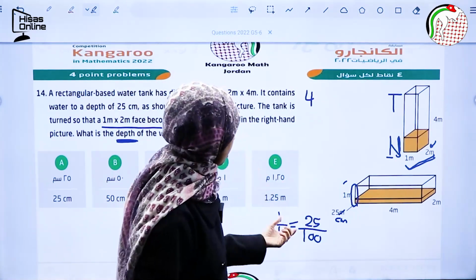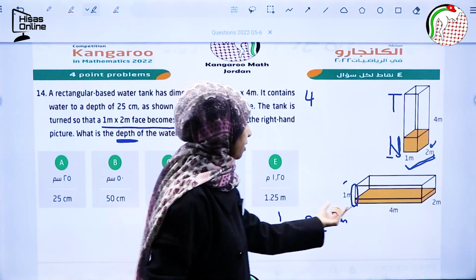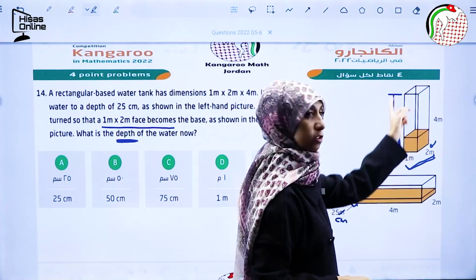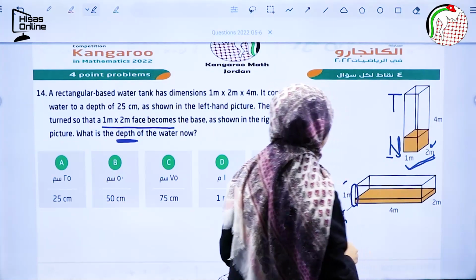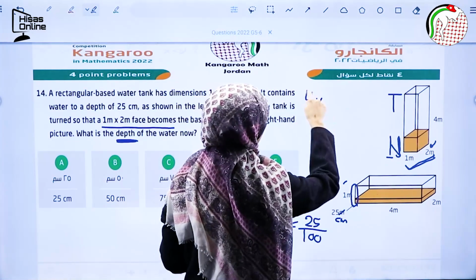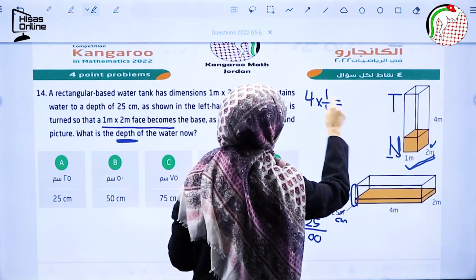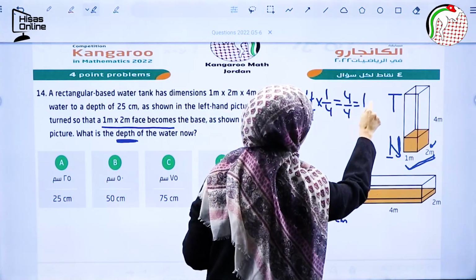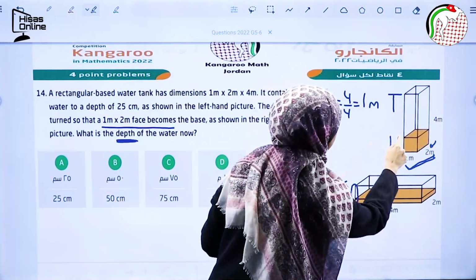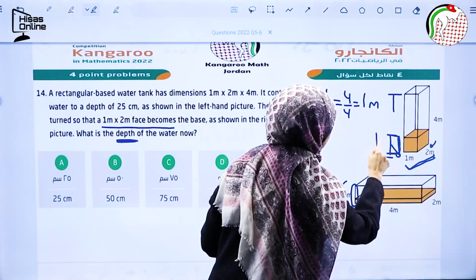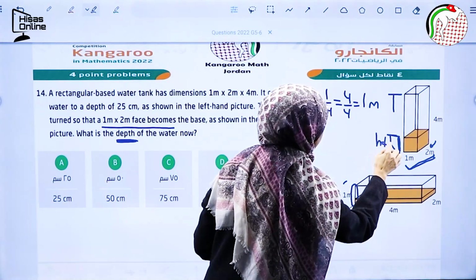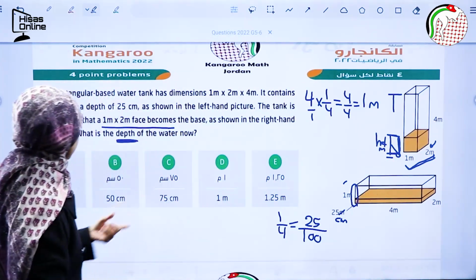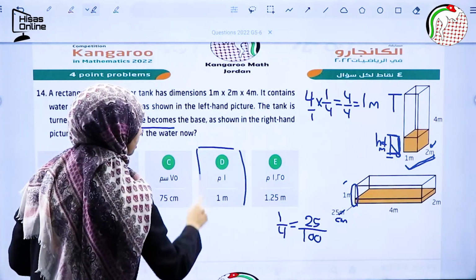Now, as we agreed that the amount of water is a quarter of the total volume of the tank, that means a quarter of the 4 equals 4 over 4, that makes 1 meter, which is the depth of the water here, which is 1 meter. Let's double check if it's 1 meter, and D is the right answer.